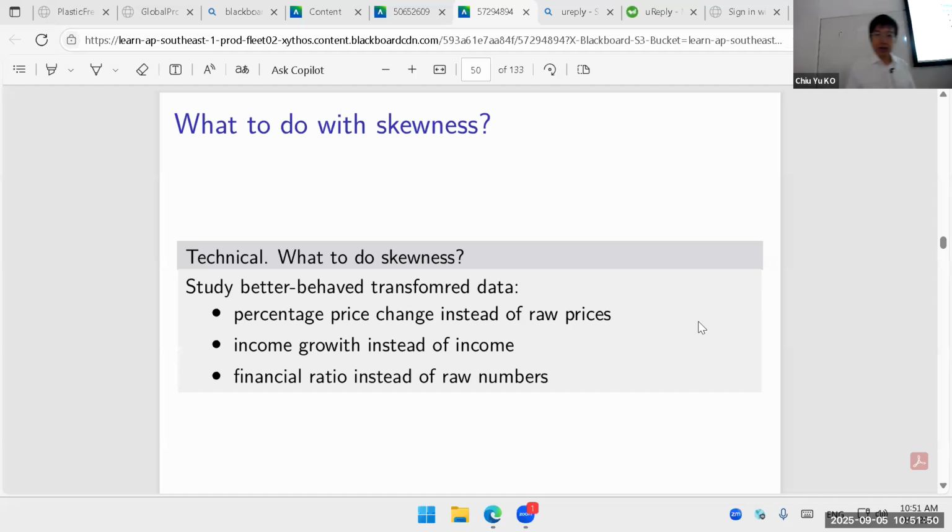Now we know skewness is an issue. The next question is why we care about skewness at all. For the tools we learn in this class, in the second half as well, when the data is skewed, the standard tool doesn't apply. So you have to correct that skewness.